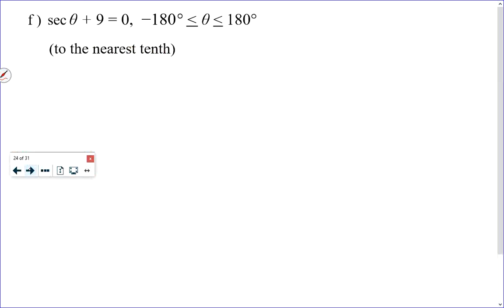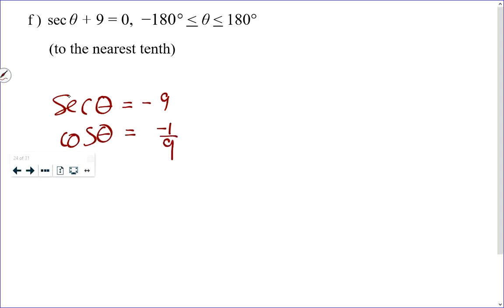Let's try this one now. Negative 180 to 180. This will be a little quicker because it's degrees and it makes a little more sense. I am going to rewrite this as secant of theta equals negative 9, which means cosine of theta is negative 1/9. So I did two. Your number is different, obviously. There's a 5 in front of the secant.